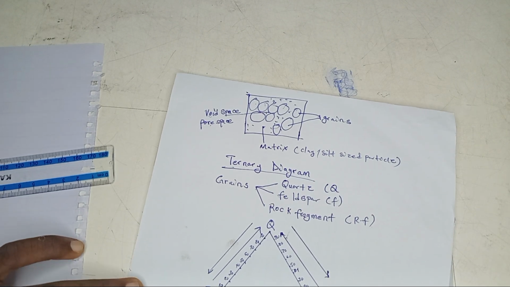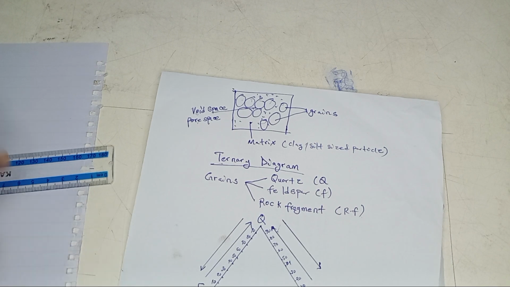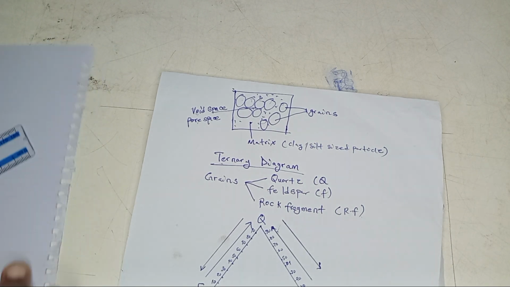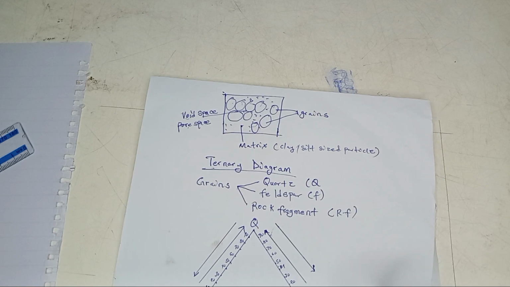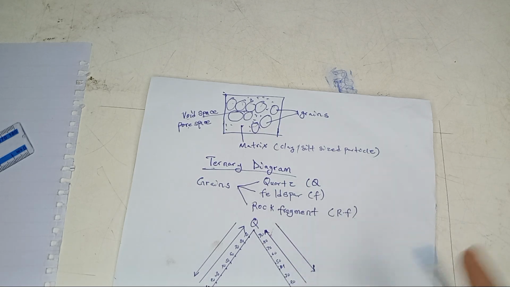And here, you can do it in this manner or in this manner, either increasing feldspar or increasing rock fragment. So I can start from increasing rock fragment: 10, 20, 30, 40, 50, 60, 70, 80, 90.